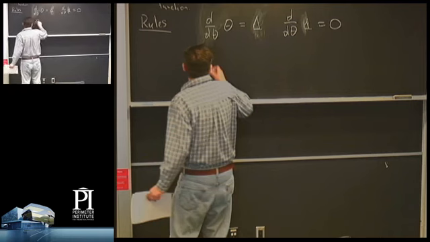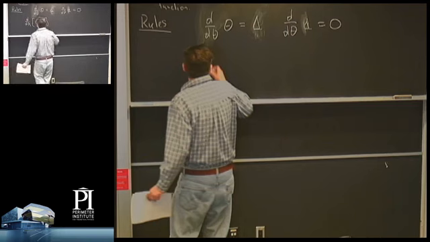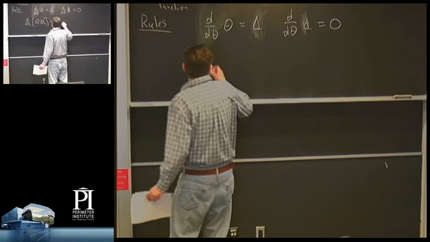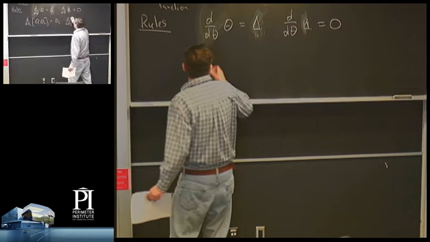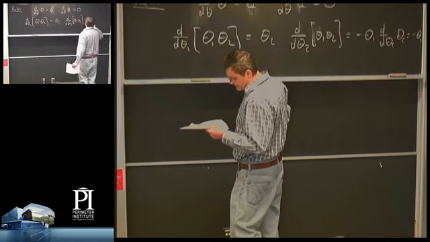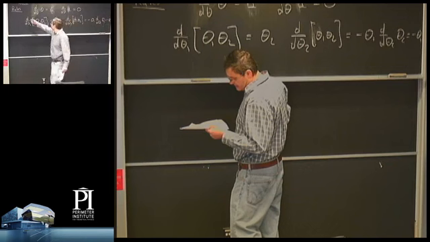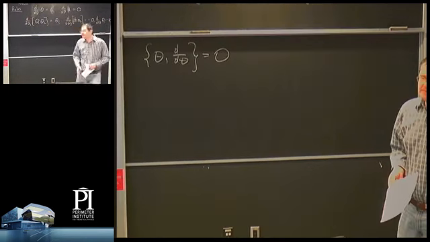Now if I have two variables, theta 1 and theta 2, d over d theta 1 of theta 1 theta 2 gives me theta 2, but d over d theta 2 of theta 1 theta 2 is minus theta 1. In other words, d over d theta anti-commutes with Grassmann variables itself.